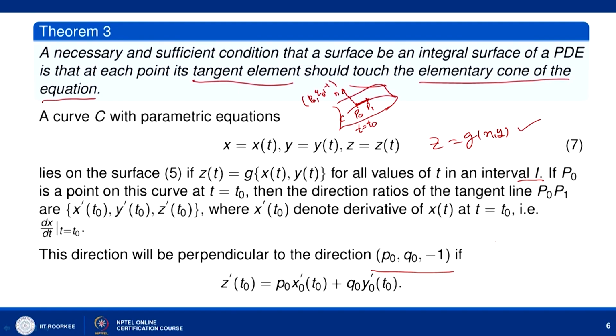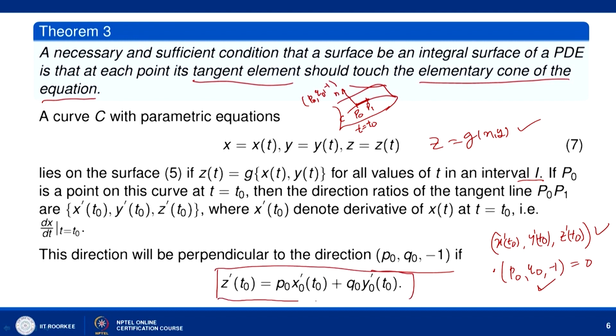So, here we have x dash t naught comma y dash t naught comma z dash t naught dotted with p naught, q naught and minus 1 has to be 0. It means that this direction and this direction have to be orthogonal to each other. So, the dot product has to be 0, and if you calculate the dot product we have this relation, that is z dash t naught equal to p naught x naught dash plus q naught y naught dash.